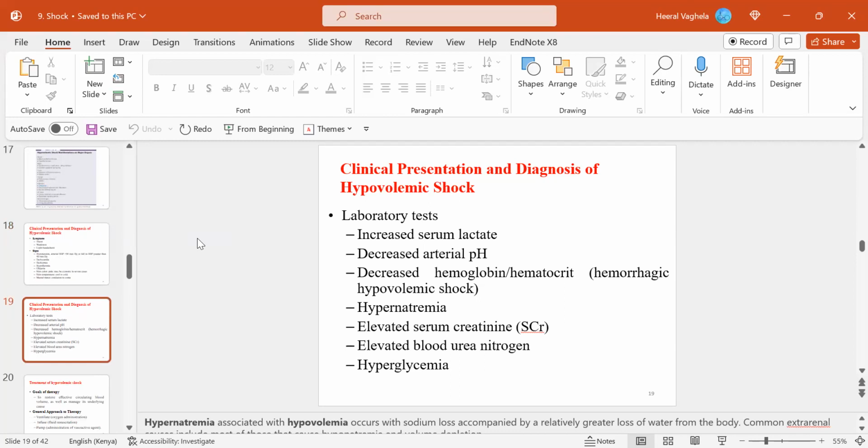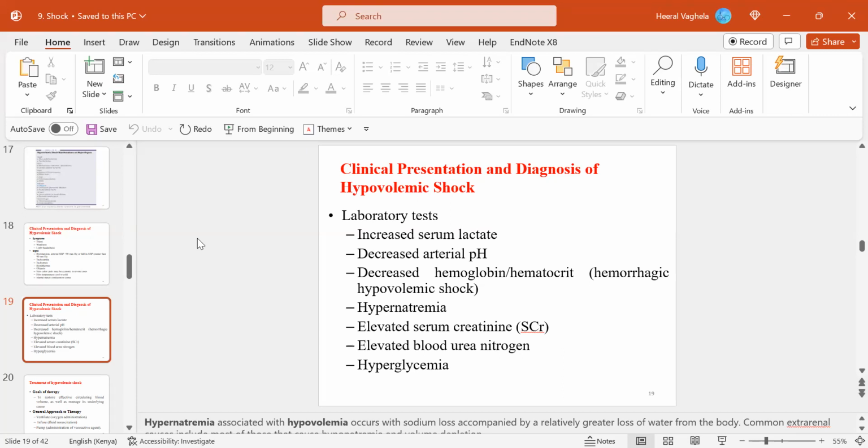Laboratory, for diagnosis, you look at serum lactate, because since there's no oxygen delivery, lactic acidosis or lactate formation increases. There'll be a decrease in arterial pH because of this acidosis, hypernatremia, decreased Hb, elevated BUN, and even hyperglycemia, because there is less blood volume.